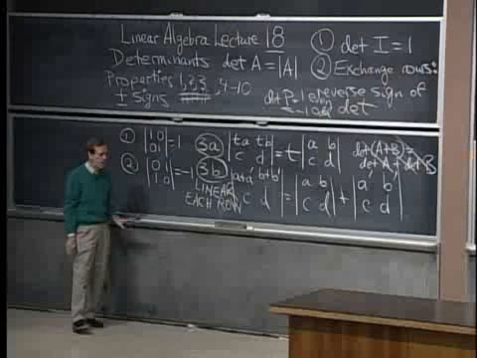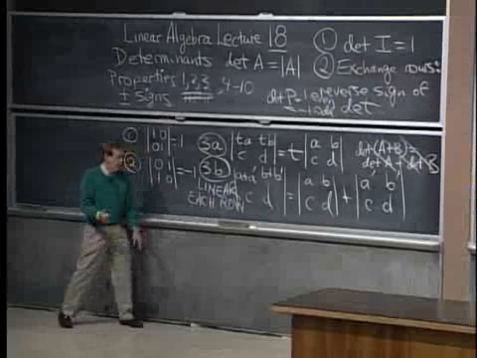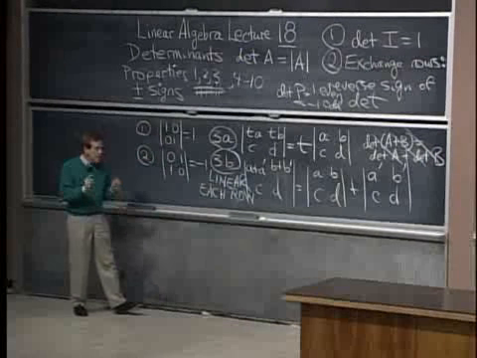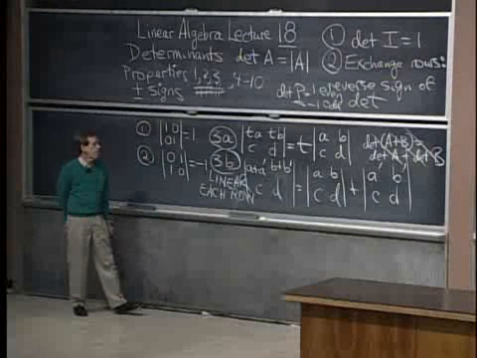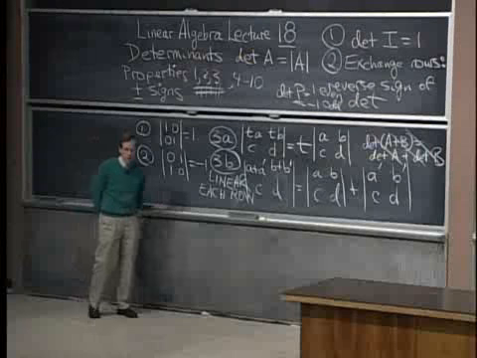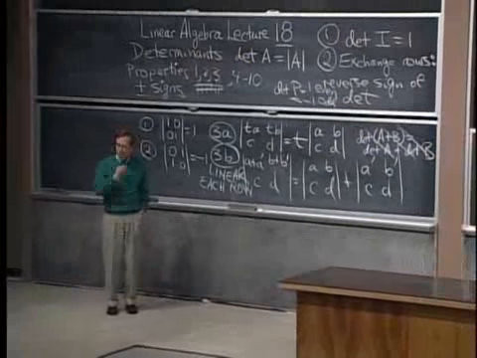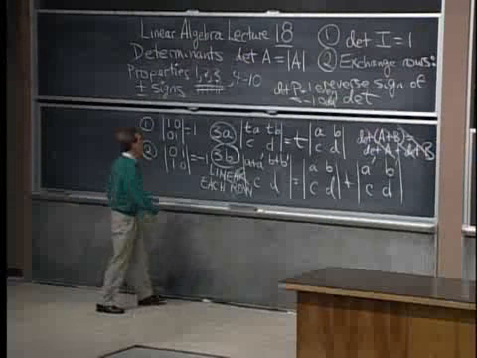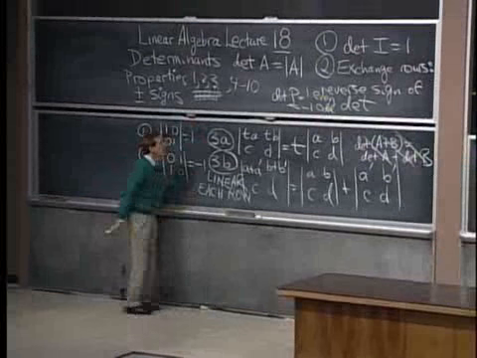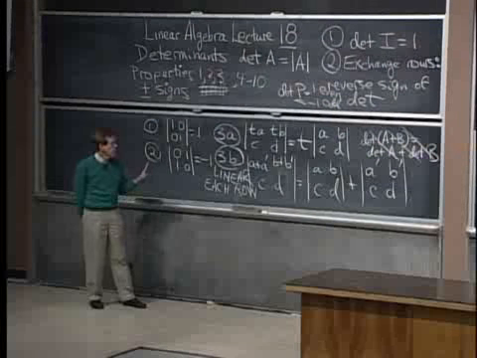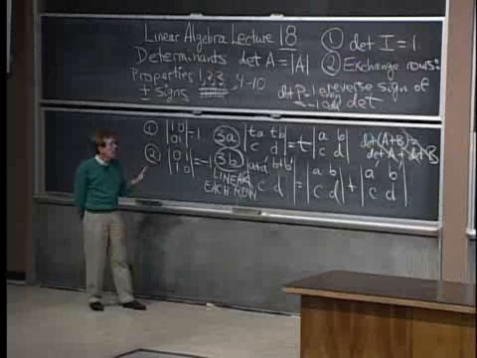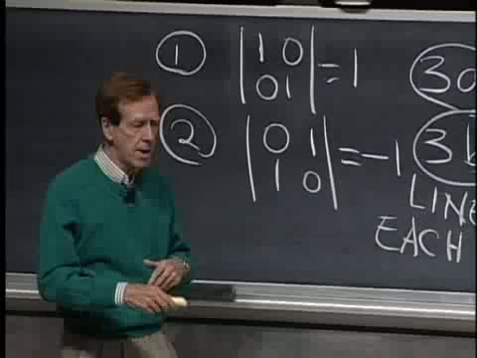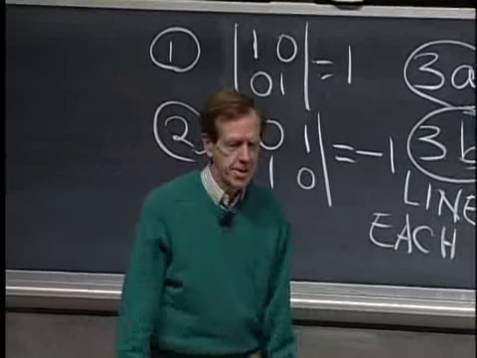So each row is okay, not only the first row, but each row separately. Okay, those are the 3 properties, properties 1, 2, 3. From those, I want to learn a lot more about the determinant.